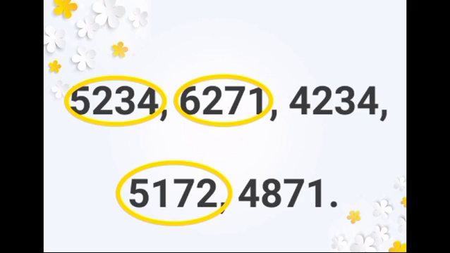Let's see the remaining 2 numbers. Compare the thousands place, as each number has 4. So, we compare the hundreds place. Dears, which number is bigger in the hundreds place? Yes, very good. 8.